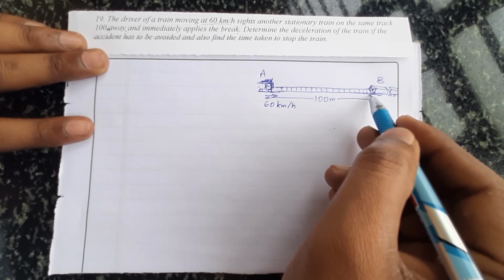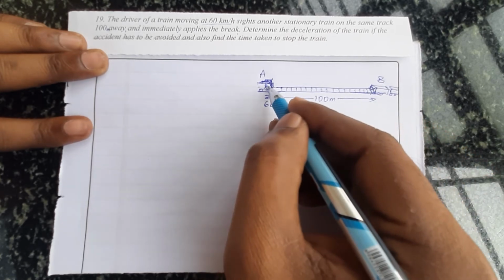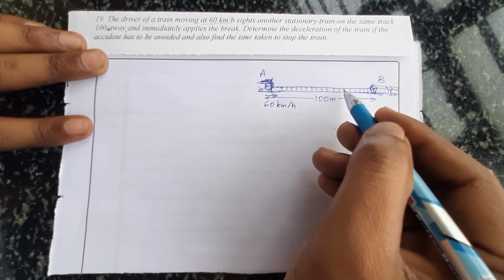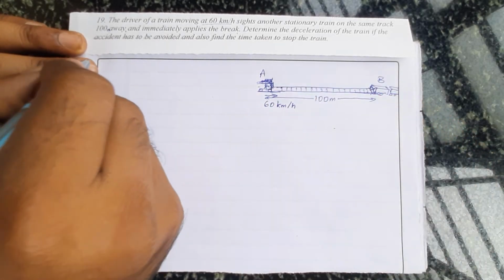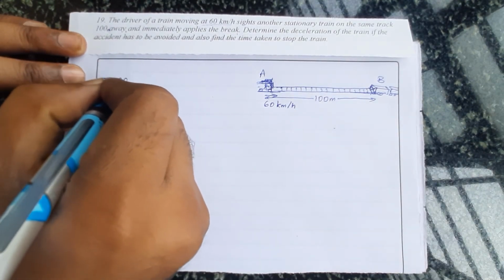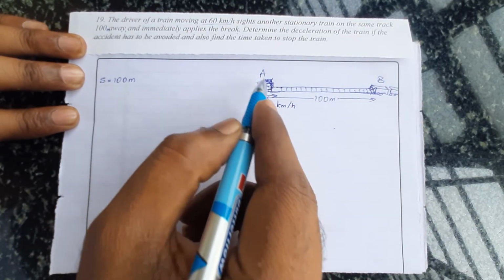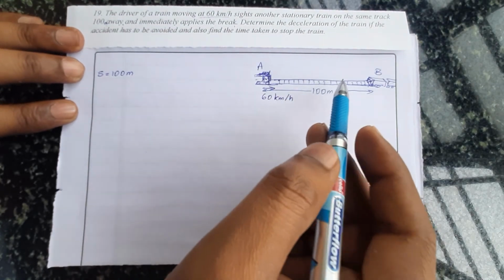Even if it is 1 centimeter more than 100 meter, train A will hit train B, and there will be an accident. We don't want that. So the displacement of train A that we want is simply 100 meter. Since this is not relative, it is a situation of train A itself. We don't have anything to do with train B because train B is stationary.